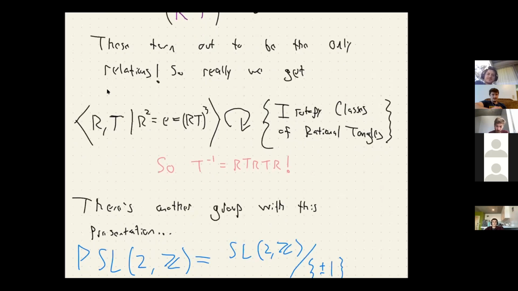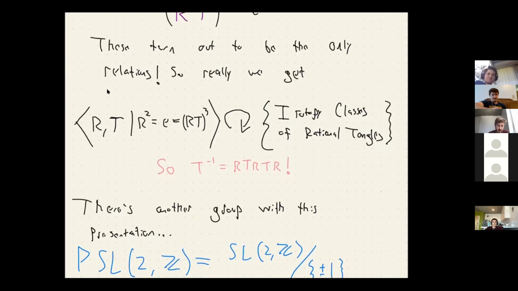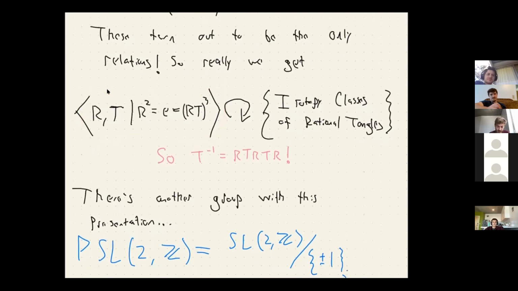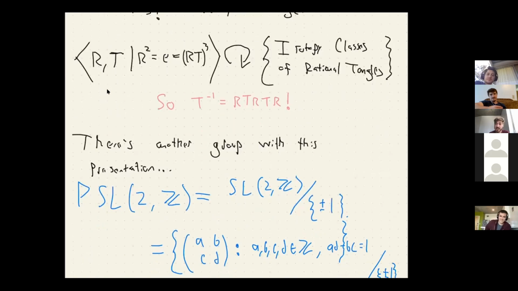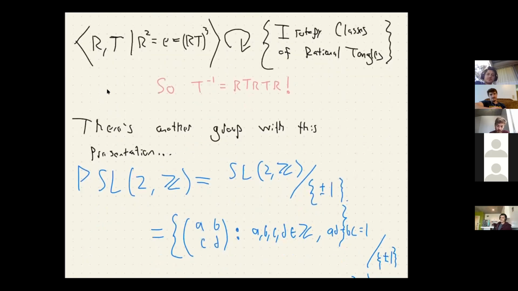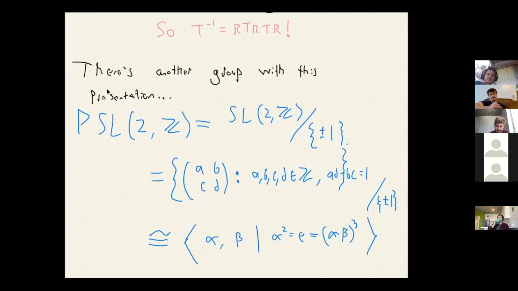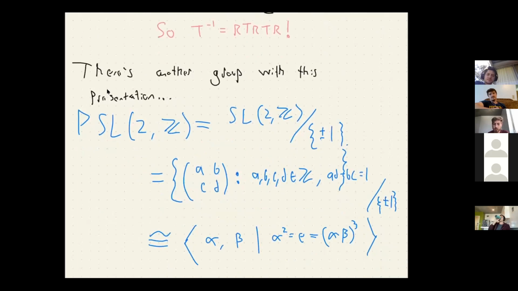Okay, so now here's kind of a cool thing. Some of you might recognize this presentation as the group PSL2Z. So what is this group? I think this is called the modular group, and it's SL2Z modulo the subgroup generated by negative the identity.